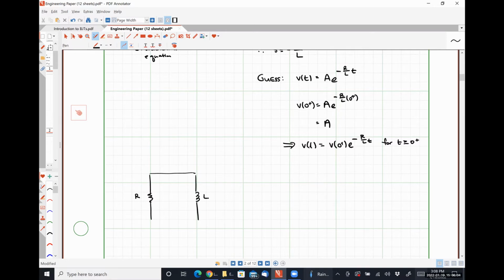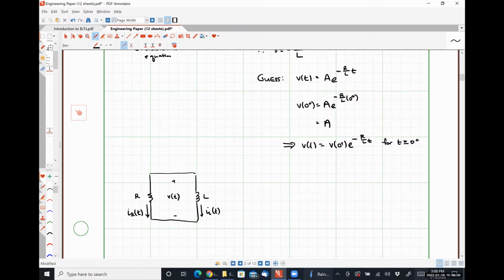Here we have some inductance L. Here is our voltage V of t. Here is our current IR of t. And here is our current IL of t.